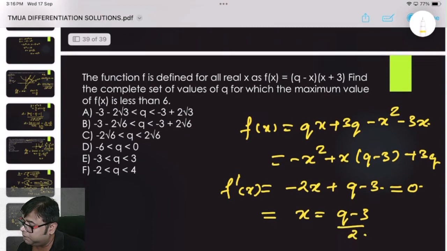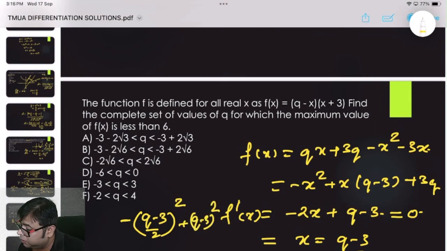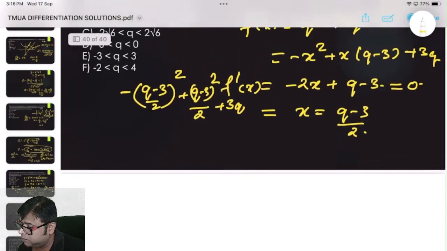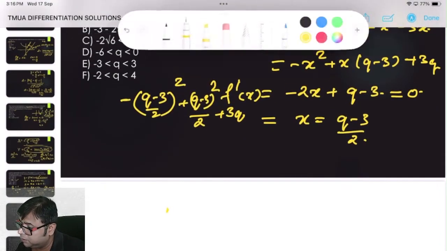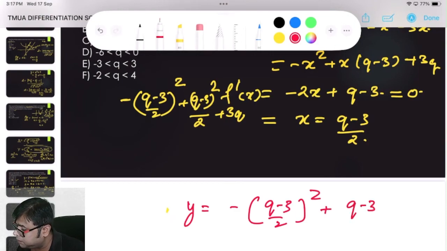So if I put it here in this equation, I will be getting minus of ((q minus 3) by 2) whole square plus (q minus 3) into x, which is (q minus 3) whole square by 2, plus 3q.